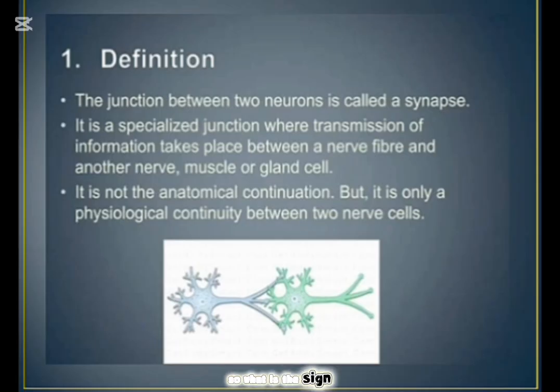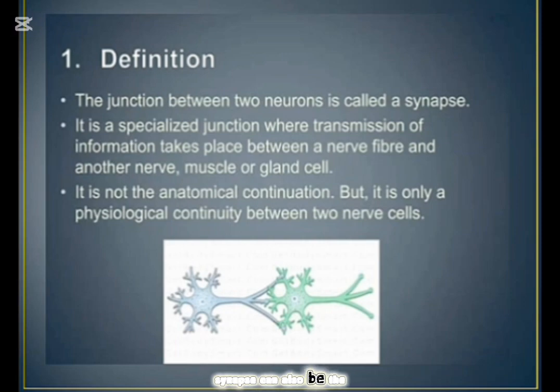So what is the synapse? The synapse is simply a junction between two neurons. It can also be a junction or a union between a neuron and a muscle fiber.